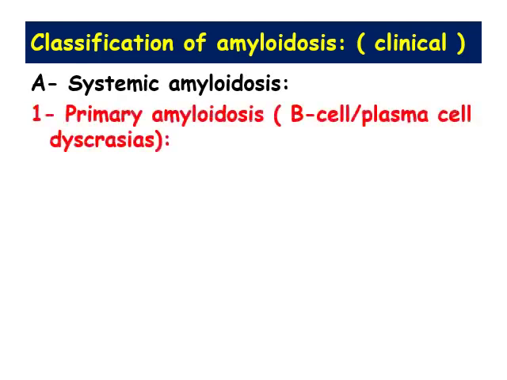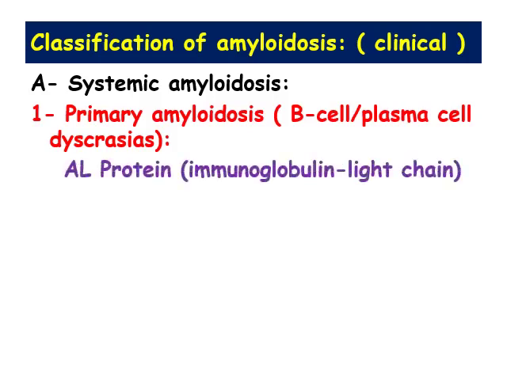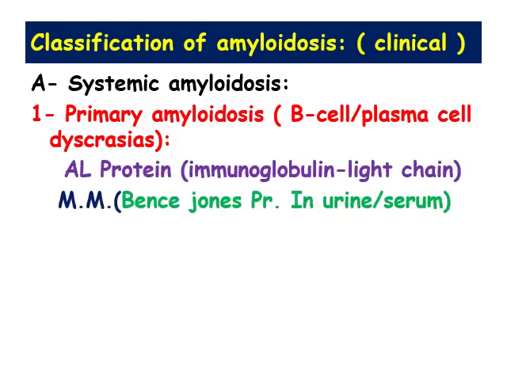Here we are with systemic amyloidosis. The most common type is primary amyloidosis. This refers to the type related to B cell or plasma cell dyscrasia, which means proliferation with dysfunction and excessive secretion of immunoglobulins. The amyloid light chain protein, the immunoglobulin light chain, accumulates.